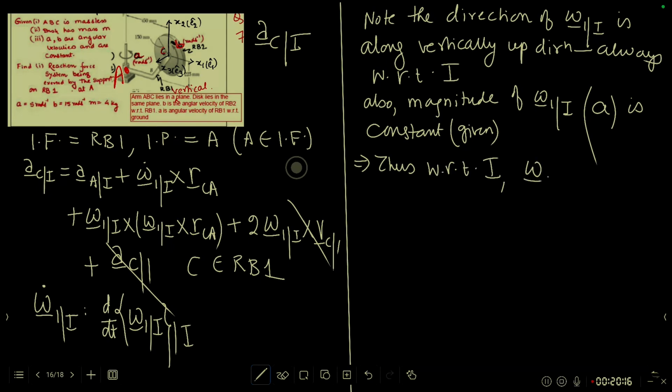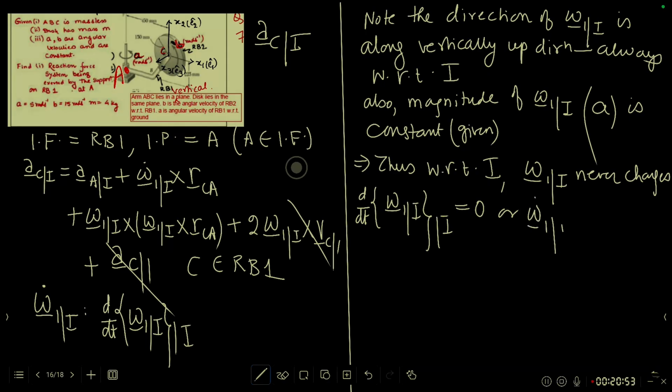Its direction is always upwards, magnitude is always A. For a vector to change, at least its magnitude or its direction has to change as observed from the inertial frame. But neither the direction nor the magnitude changes, and thus the rate of change of this vector, omega dot 1I, is 0. Okay, so this I will say is a known quantity.